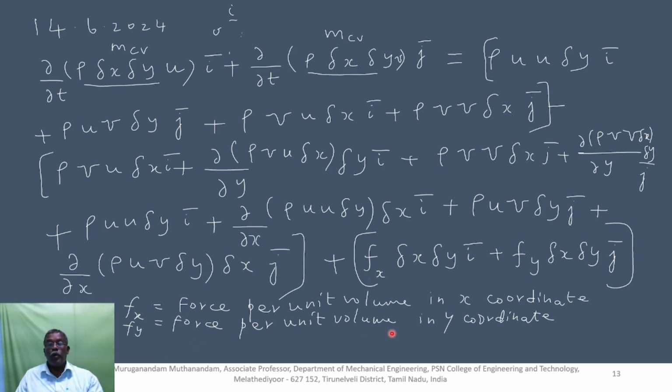Fy is the force per unit volume in the y coordinate direction. Volume is equal to delta x delta y. Hence, we multiply Fx delta x delta y and Fy delta x delta y to find the net force acting on the control volume in the x direction and y direction with their respective unit vectors. So it is a vector equation.